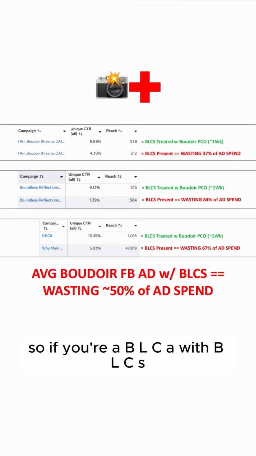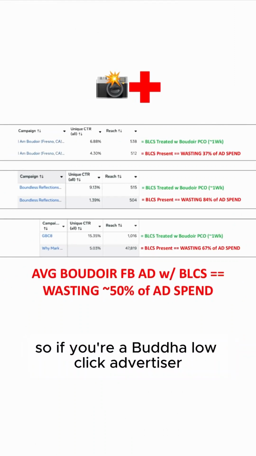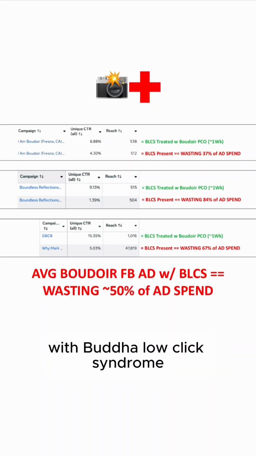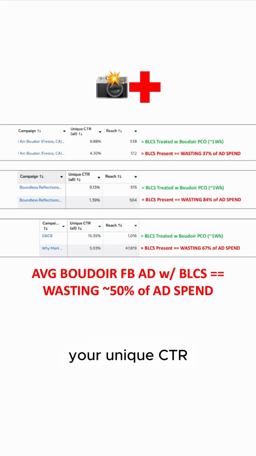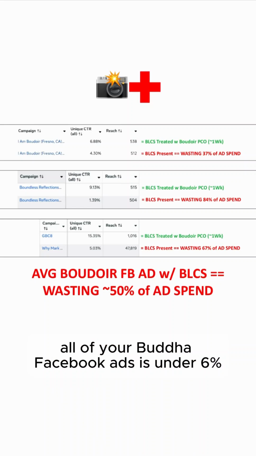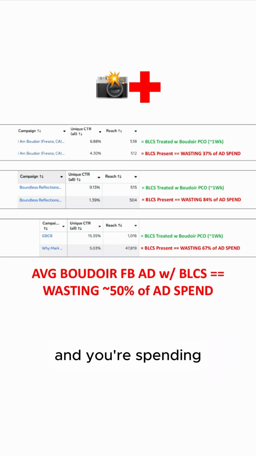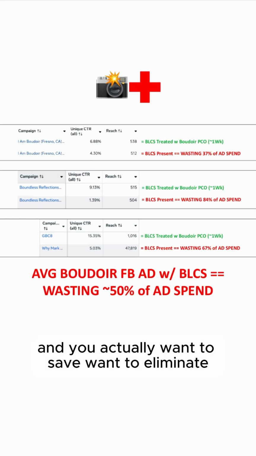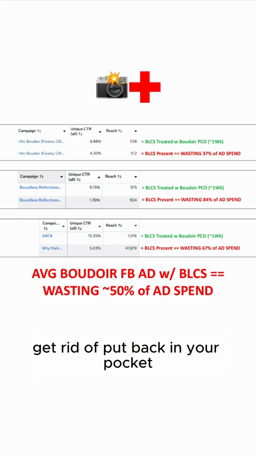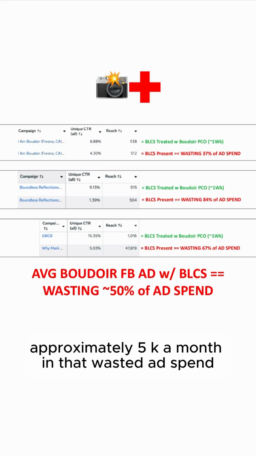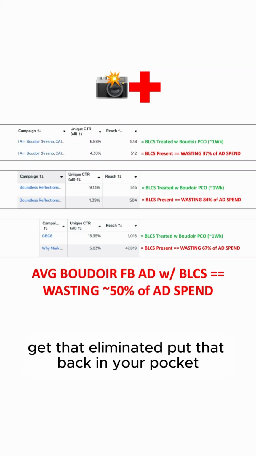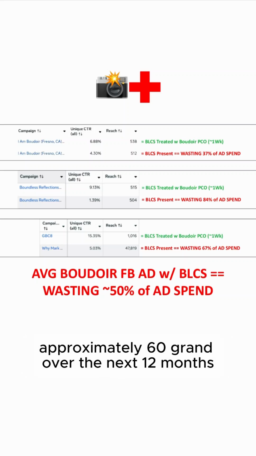So if you're a BLCA with BLCS, so if you're a Boudoir low click advertiser with Boudoir low click syndrome, your unique CTR all of your Boudoir Facebook ads is under 6%, and you're spending more than 10 grand a month on Boudoir Facebook ads, and you want to eliminate, get rid of, and put back in your pocket approximately 5K a month in that wasted ad spend, approximately 60 grand over the next 12 months.